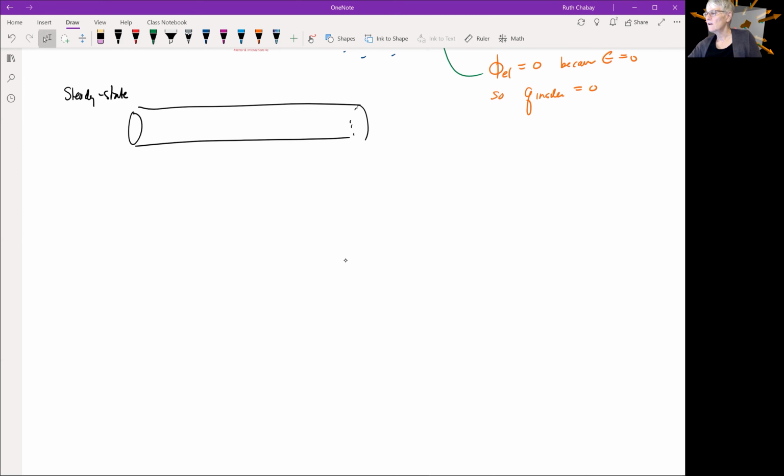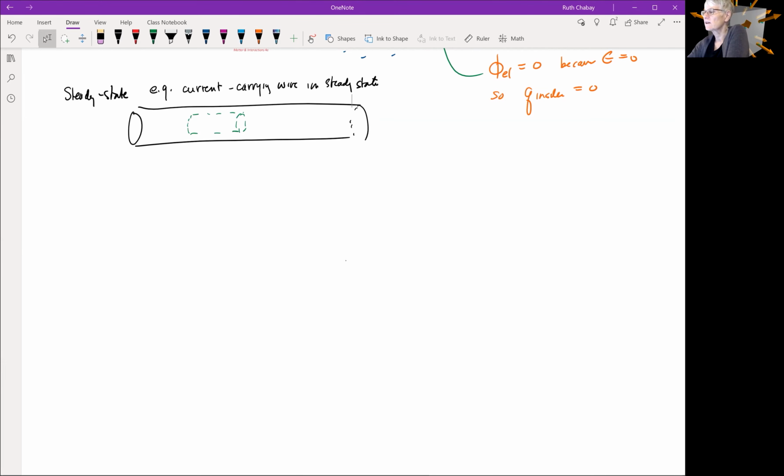We can also use Gauss's law to show that there's no charge inside this wire. And that's actually, I think it's worked out as an example in the book.